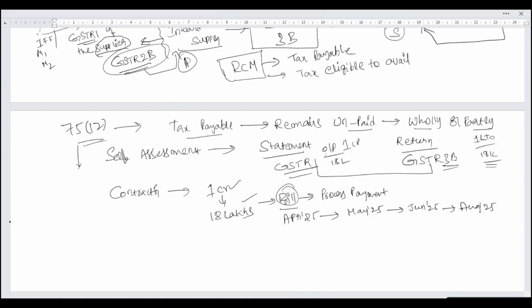If not paid, recovery under section 79 comes into the picture. So the moment you say, sir, I have filed GSTR1, I have filed GSTR3B, and I have paid all the taxes, any gap that is there, this particular gap is called tax payable which remains unpaid.